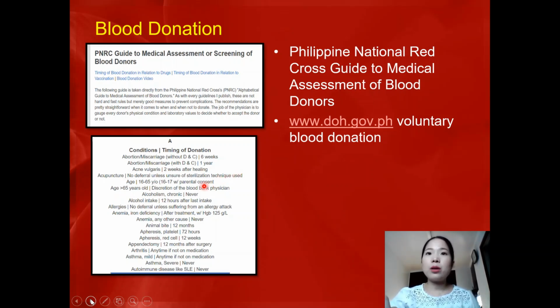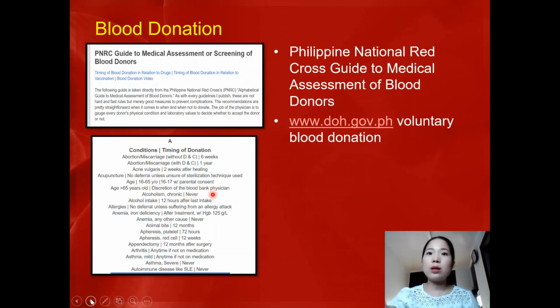For example, those with an age of 16 to 65 years old can be allowed, with the 16 to 17 year olds allowed if with parental consent. And if the patient is already more than 65 years old, it would be on the discretion of the blood bank physician. You can also see here that those who are chronic alcoholics are not allowed to donate.